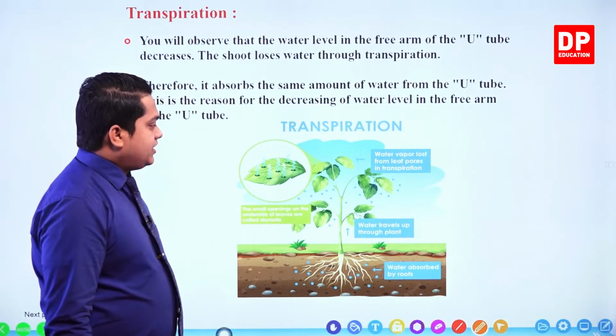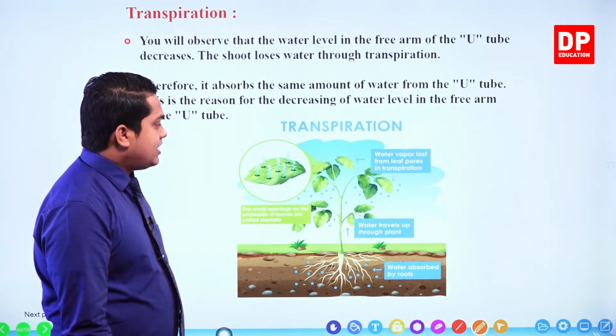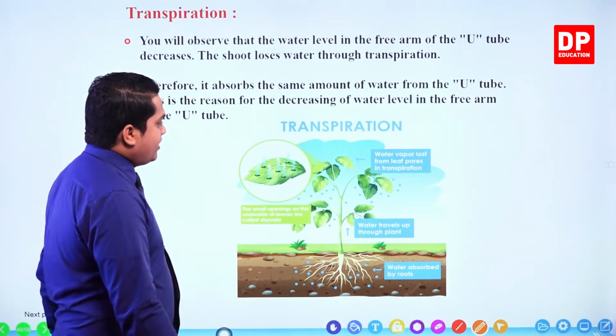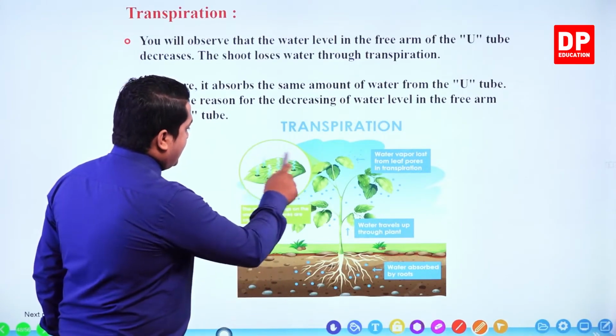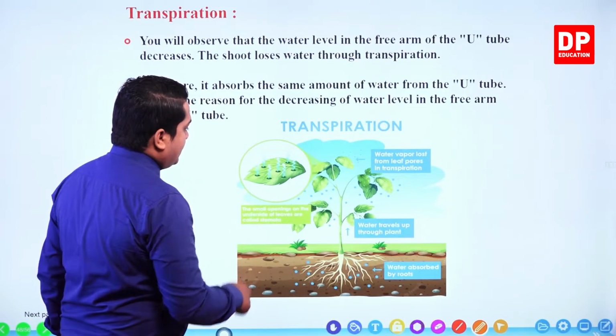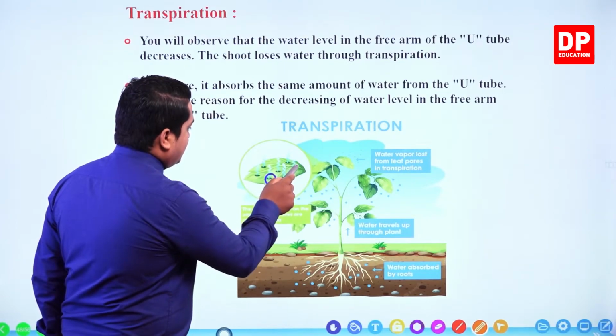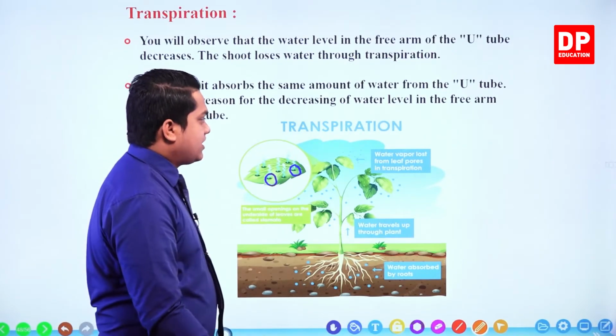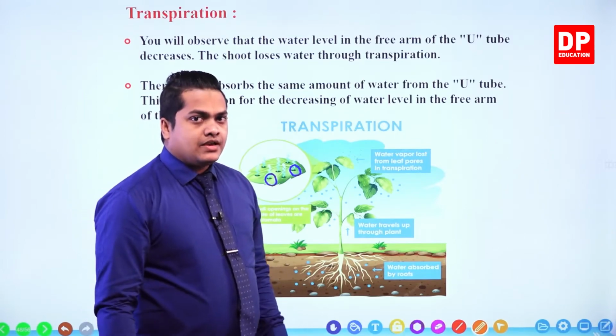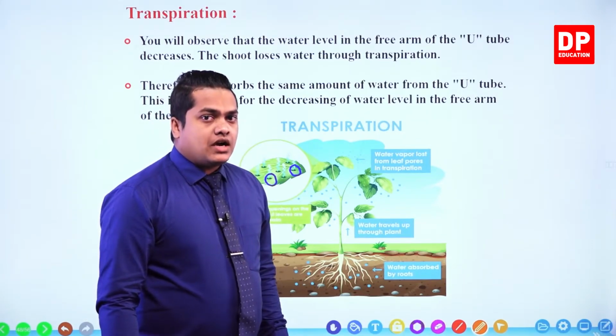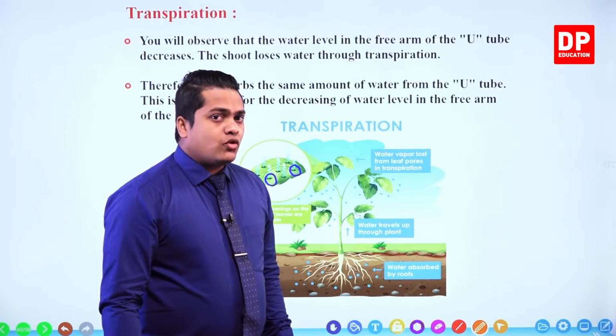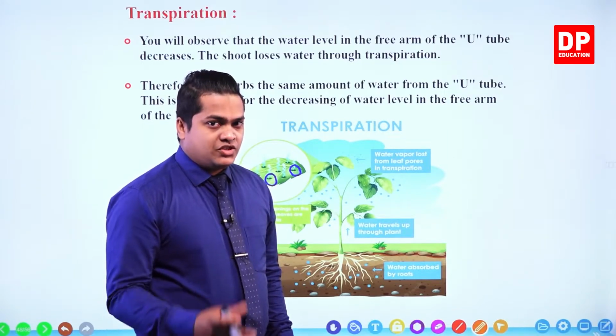So you are given a figure related to transpiration. Here you can observe an enlarged image of a plant leaf. Here you can observe these small pores. These are the ones referred to as stomata. These stomata are micropores. Pores means holes.